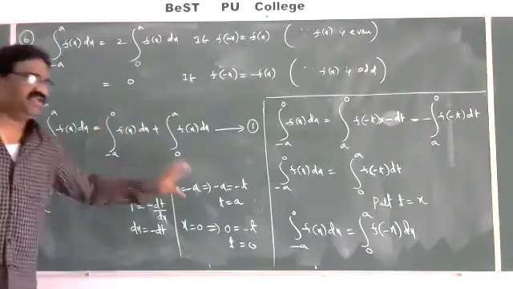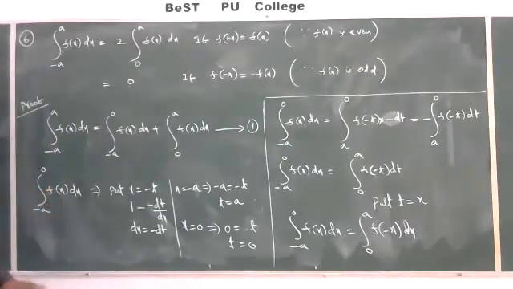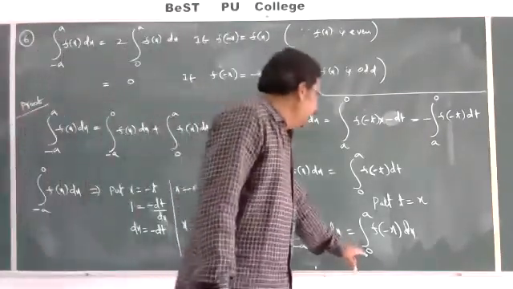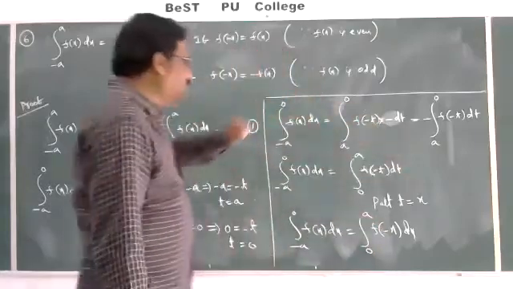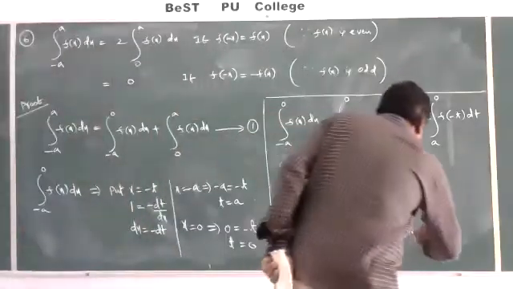In the first equation, we take this integral separately and prove that the integral from minus a to 0 of f of x dx is equal to the integral from 0 to a of f of minus x dx. Then substitute that value in the first equation. Consider this the second equation.